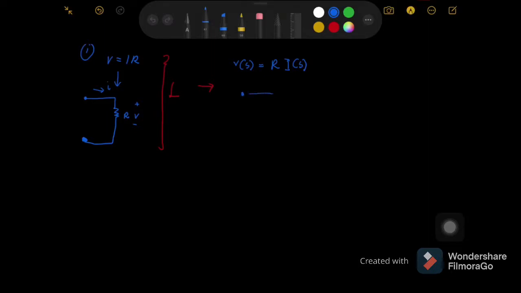Basically, in Laplace transform, if we have a constant, there will just be an additional s after the constant. Because there is no change of value between the time domain and the frequency domain, the circuit will be similar.